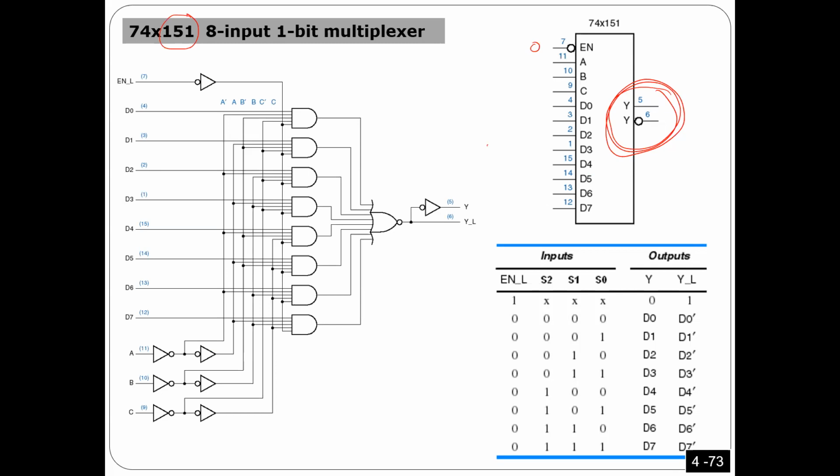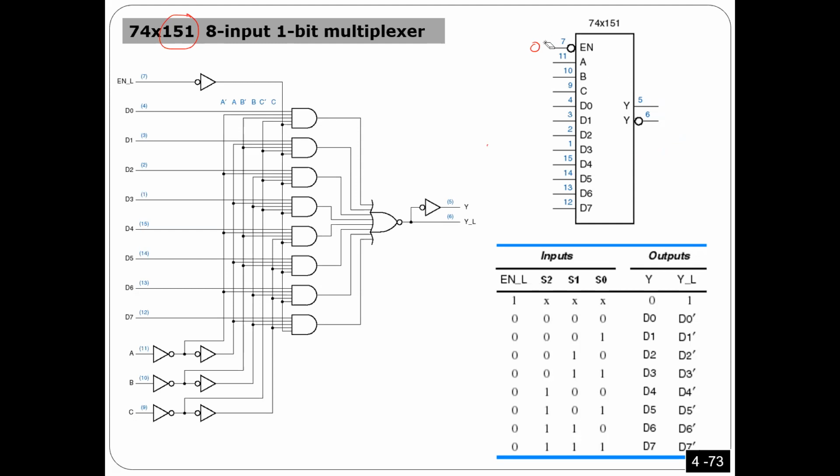One of them gives you the same value, and the other gives you the complement of it. Here, the output is equal to W or W prime. You have both, and you can take whichever you want, based on what you want to do. You may only need one of them.